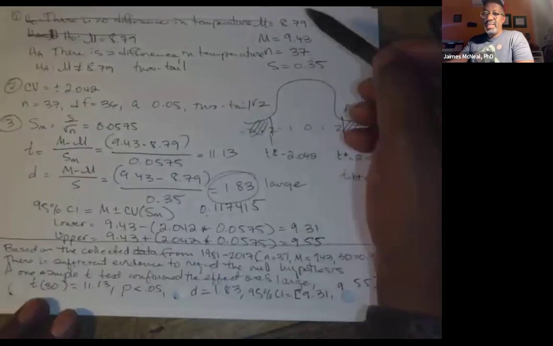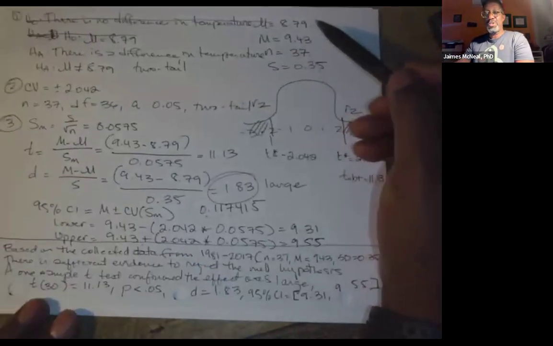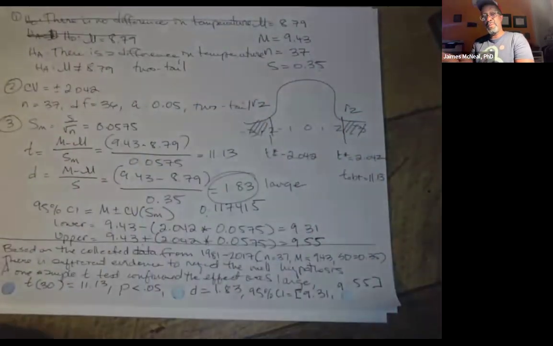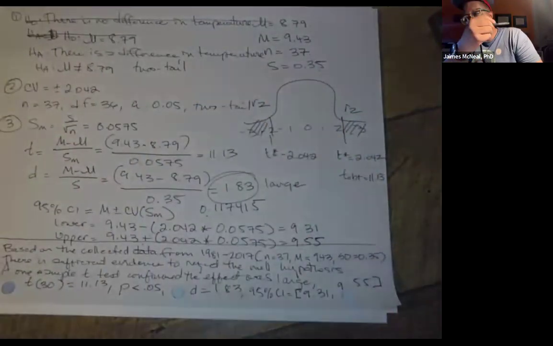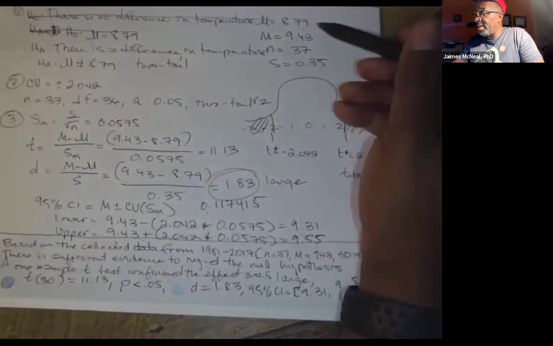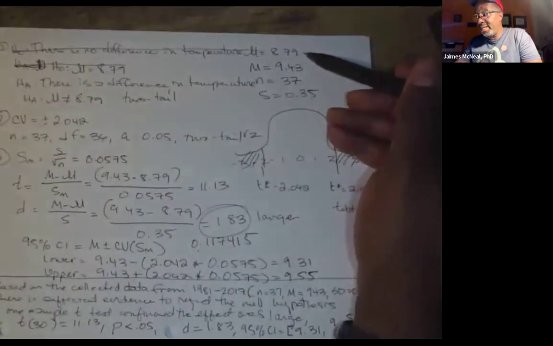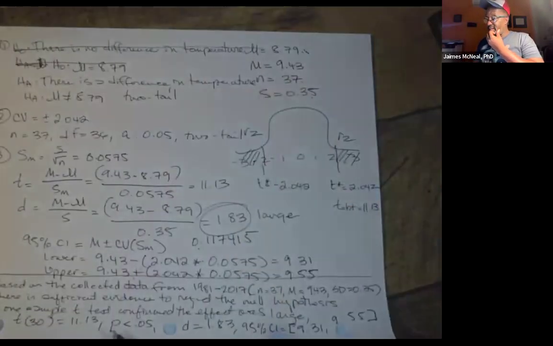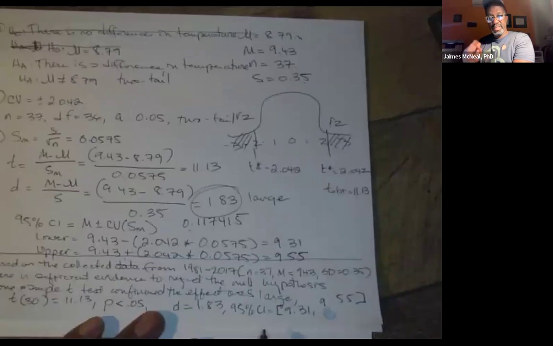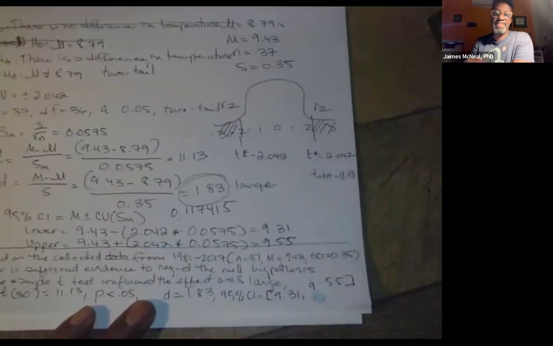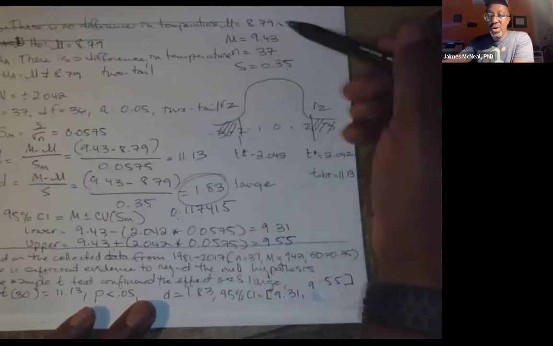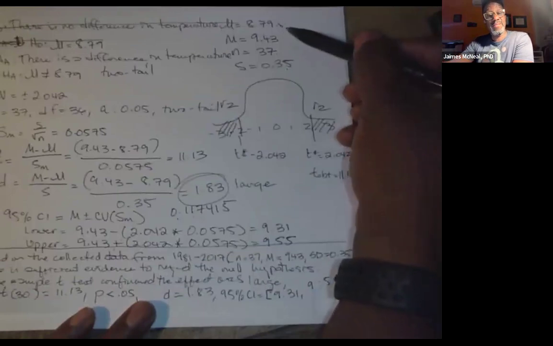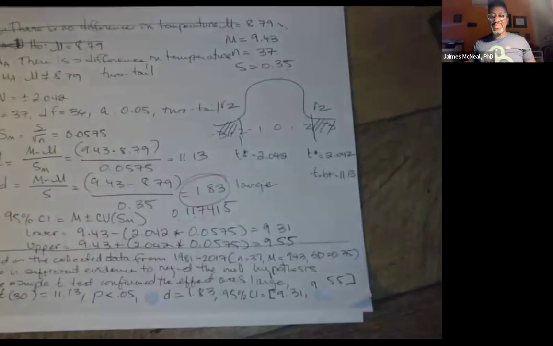So not only is the temperature from the sample from a population whose average is not 8.79, it's higher than. So we reject the null hypothesis. But it's likely the true population mean is between 9.31 and 9.55. And that whole range is higher than 8.79, which is why we reject the null hypothesis.